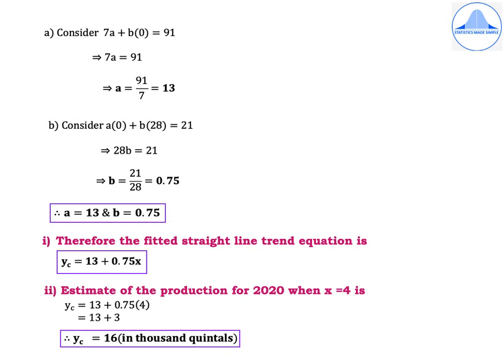So in other words, for the year 2020, the x value will be 4. So we get yc is equal to 13 plus 0.75 into 4, which is 13 plus 3, or we get yc is equal to 16 in 1000 quintals, which is the estimate for the production for the year 2020.